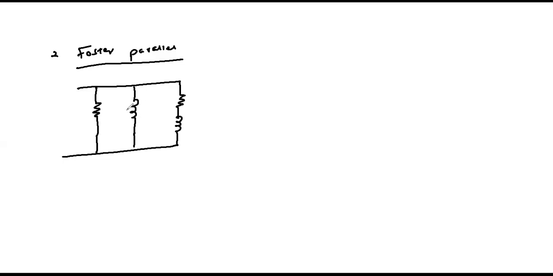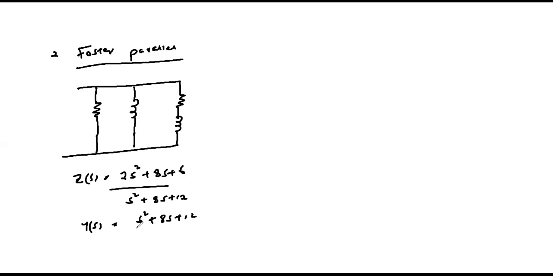To implement the Foster parallel, we said we use the admittance transfer function expanded in partial fraction form. For our case, our impedance transfer function was given by 2s squared plus 8s plus 6 divided by s squared plus 8s plus 12. The admittance is the reciprocal, which is s squared plus 8s plus 12 divided by 2s squared plus 8s plus 6.